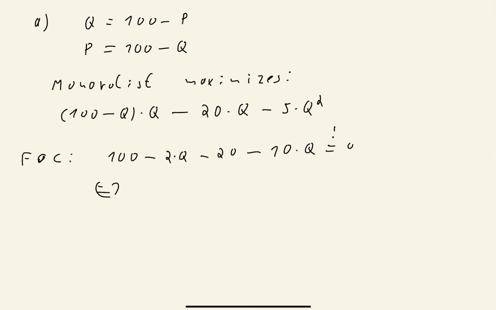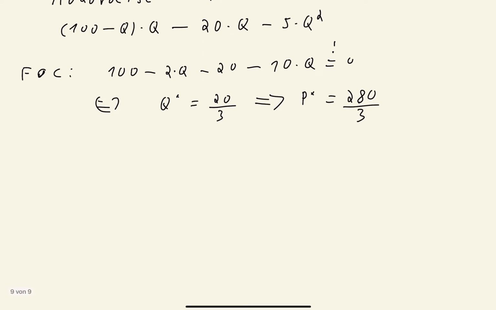If you solve this, you get Q star equal to 20 divided by 3. This is the profit maximizing quantity that the monopolist is producing. Plugging this back into the inverse demand function gives us P star, which is equal to 280 divided by 3.